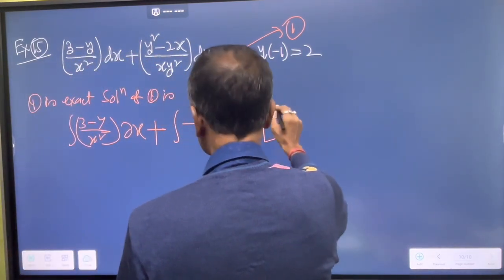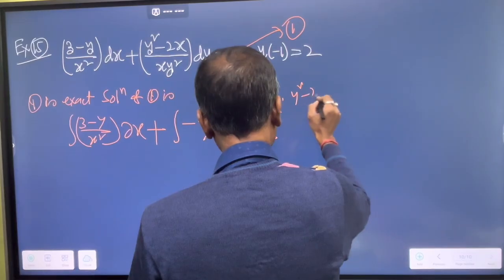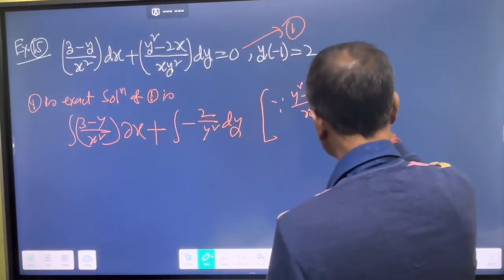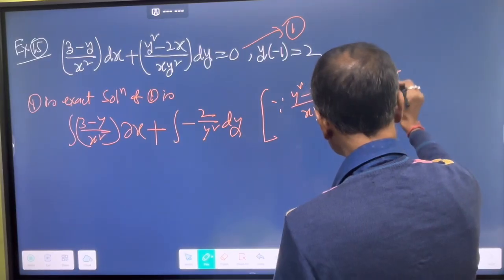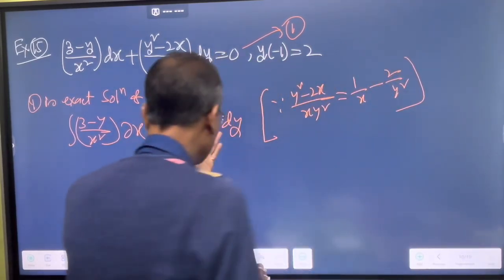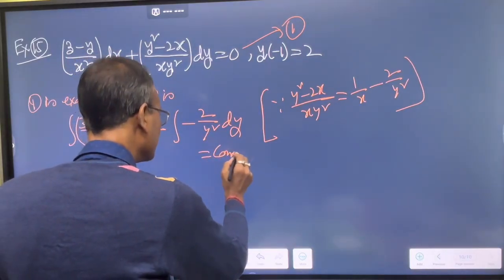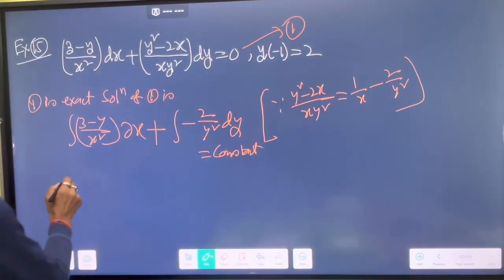Now since (y square minus twice x) divided by x y square equals 1 by x minus 2 by y square, it can be written like this. This is equal to constant.